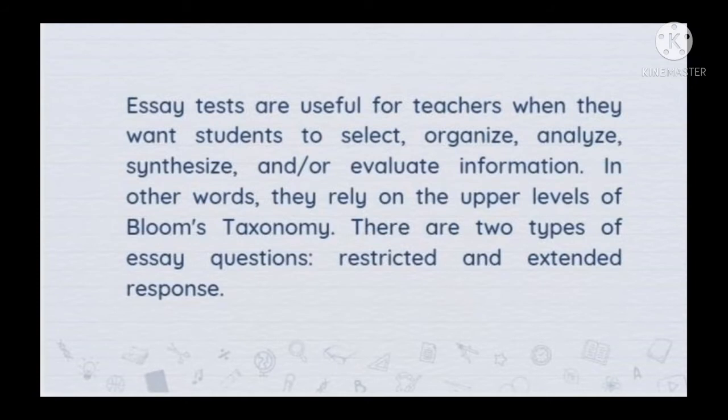The general guidelines in writing essay tests. Essay tests are useful for teachers when they want students to select, organize, analyze, synthesize, and or evaluate information. In other words, they rely on the upper levels of Bloom's taxonomy. There are two types of essay questions, restricted and extended response.